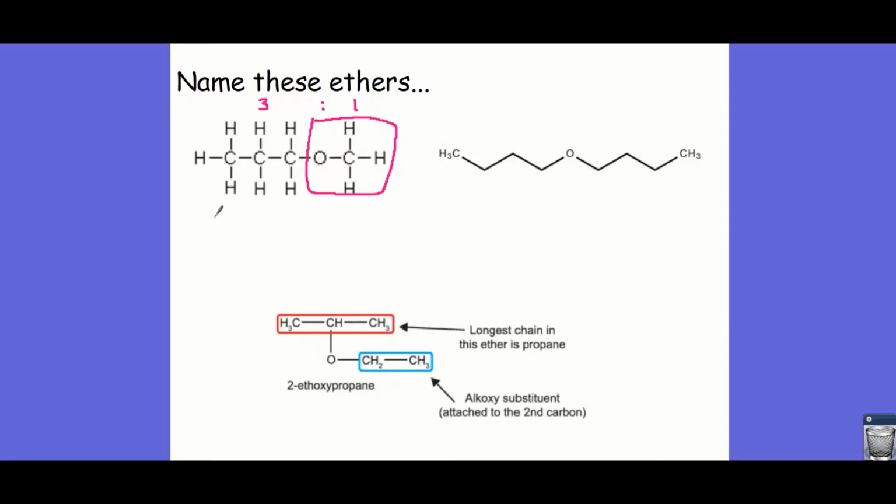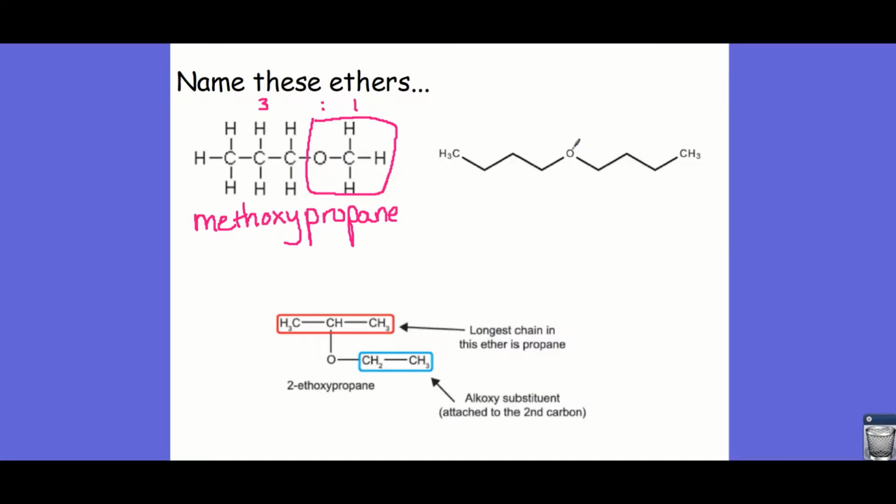So because there's 1 carbon atom, the name would start methoxy. This gives us the ending of the name. There are 3 carbon atoms, which is prop. So this would be called methoxypropane.